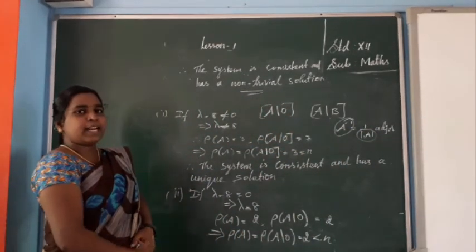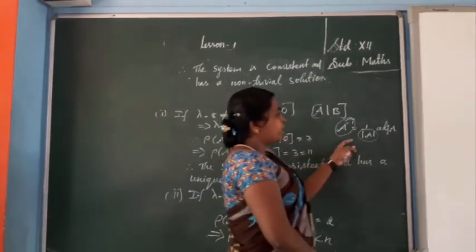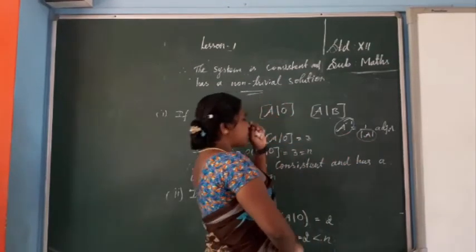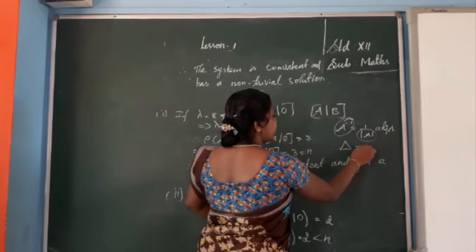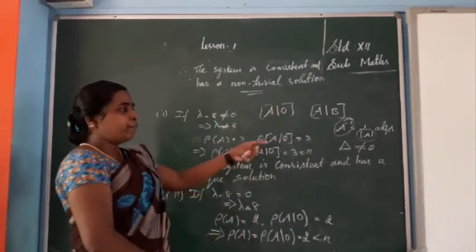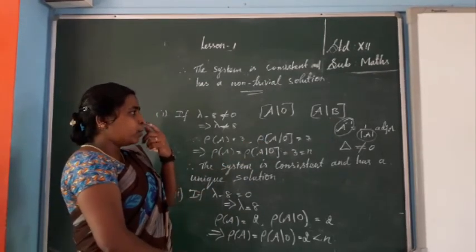If it is singular, A inverse does not exist. If it is non-singular, we can continue the process. Then Cramer's rule: in Cramer's rule also, first you have to find delta. If delta is not equal to 0, we can use Cramer's rule. If it is equal to zero, we cannot continue; Cramer's rule is not possible there.